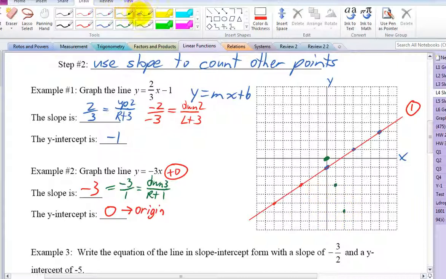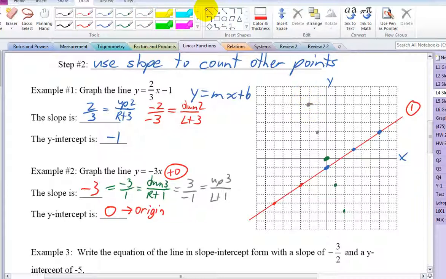Now do the opposite as well. So now it also is +3, but what will we write down below? -1. So what does that tell you to count? Up 3, left 1. So up 3, left 1, up 3, left 1.